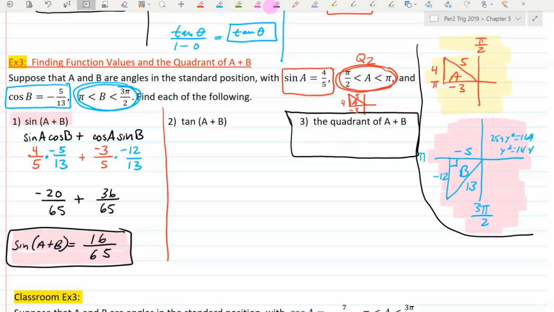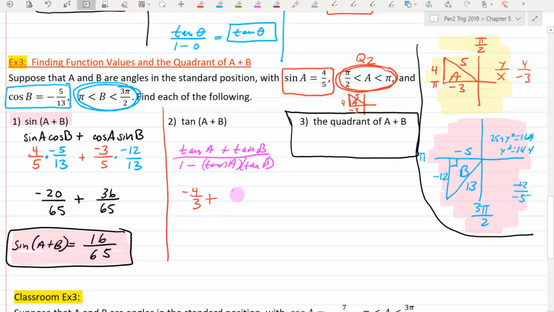All right, for tangent, I'm going to write the formula here: tangent of A plus tangent of B over 1 minus tangent of A times tangent of B. All right, so tangent of A, remember tangent is the slope, so it's y over x, so it's 4 over negative 3, so it's negative 4/3 plus tangent of B, and tangent of B is y over x, negative 12 over negative 5, so it's 12/5.